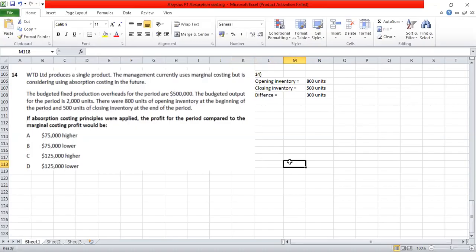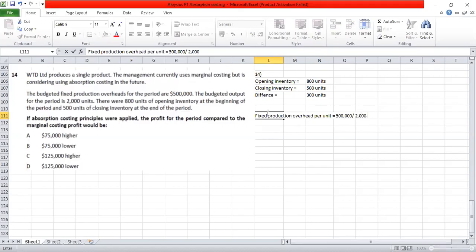Fixed production overhead per unit is the first step we have to calculate, because the difference is in terms of fixed production overhead only. It is 250 per unit.